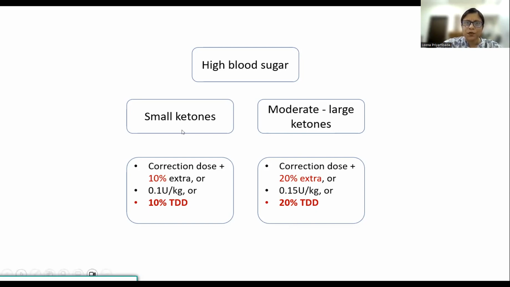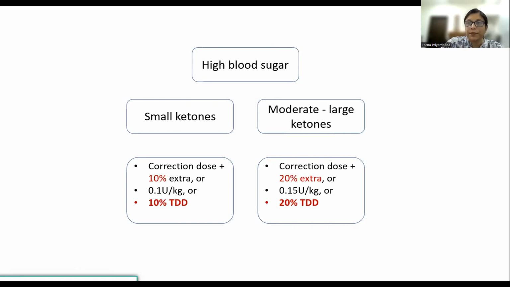Now, you have given this and the ketones have not corrected. The ketones have become moderate to large. That is the next scenario. In that case, we will give the correction dose. Here we gave 10% extra; here you will give 20% extra. If the calculation comes to 2.5, and you cannot give 2.5 or 1.5 or 1.7, then correct to the nearest whole number.